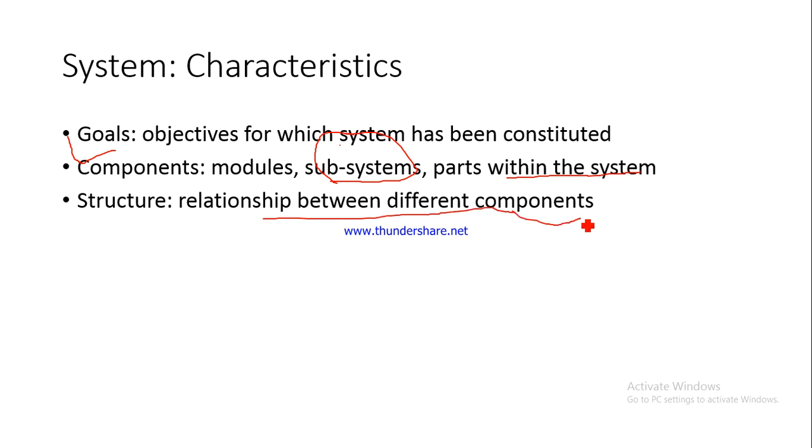For example, if you talk about the college, we have got different components: we have got the principal and we have got the faculty members, and there's a particular relationship between the two. Likewise, there's a particular relationship between the teacher and the peon. The principal is at the top of the hierarchy.